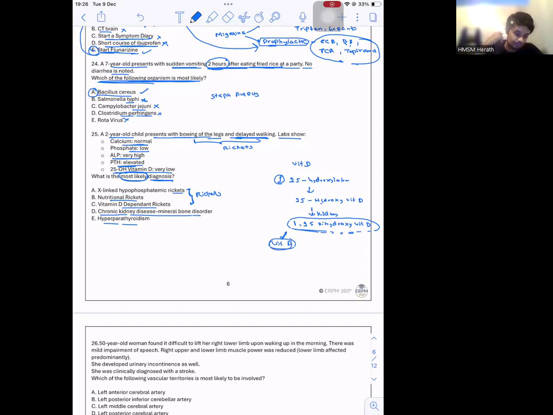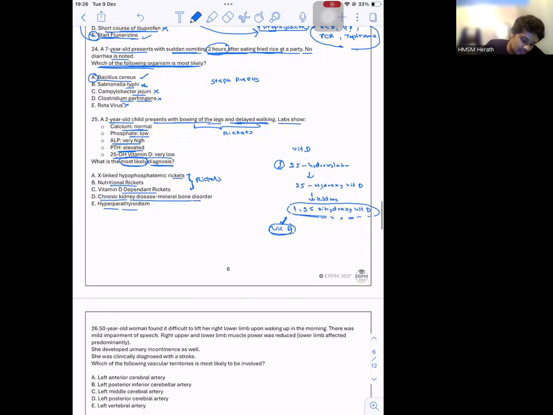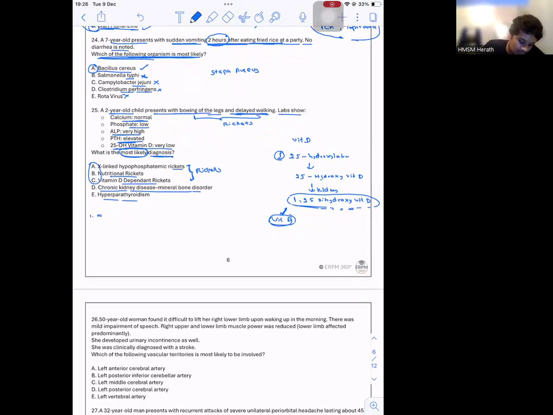Now, let's take these types of rickets one by one. Nutritional rickets: the vitamin D in the diet is low, or there's reduced sunlight exposure, so there's reduced vitamin D, and serum calcium levels can be slightly low or normal.